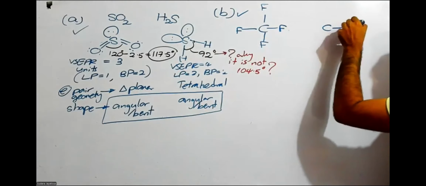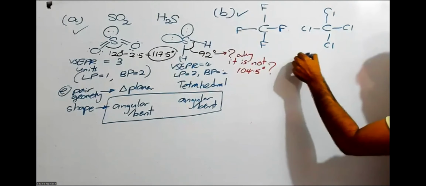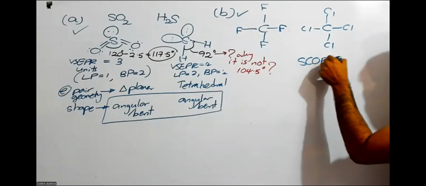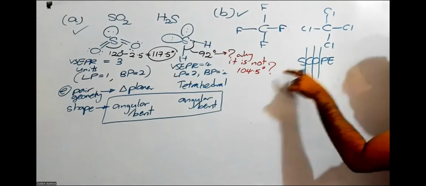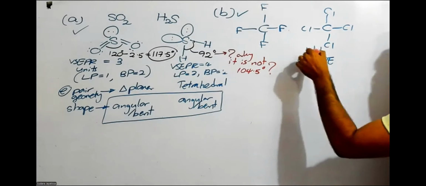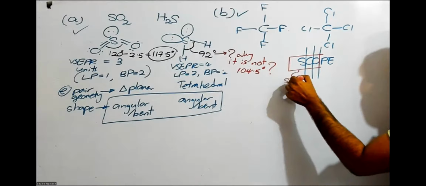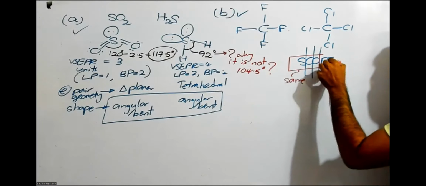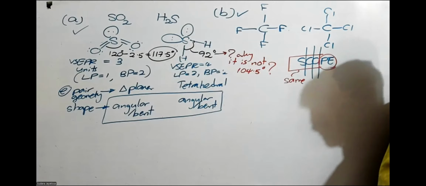And this is CCl4, chlorine. So electronegativity depends on S percentage, charge, oxidation number, and peripheral atom electronegativity. For these two carbon atoms, S percentage, charge, and oxidation number are all the same. So they only have different peripheral atom electronegativity.